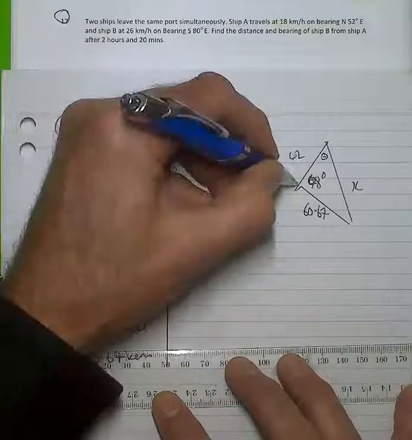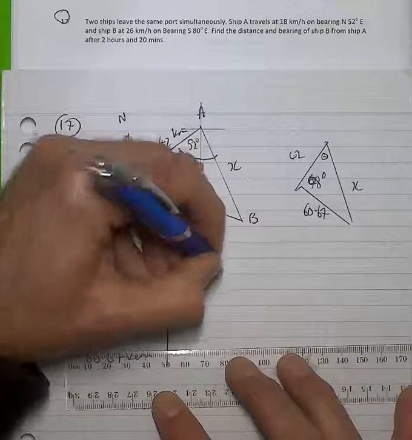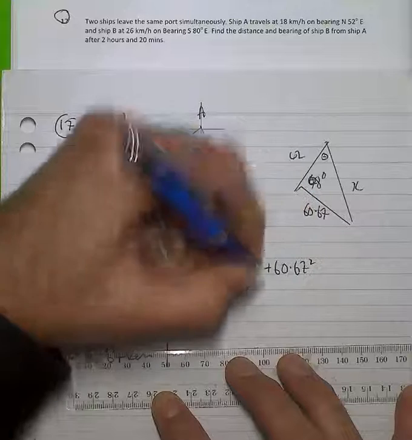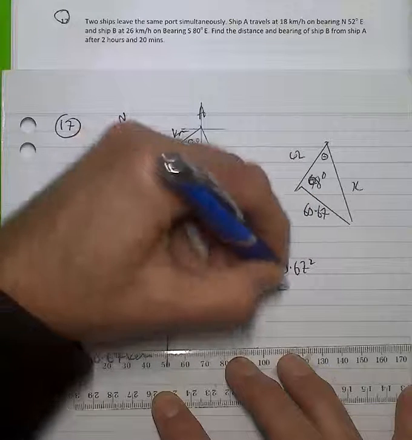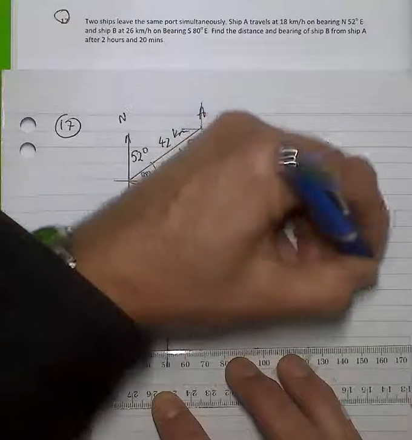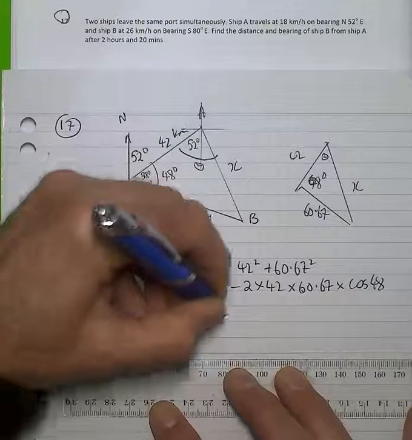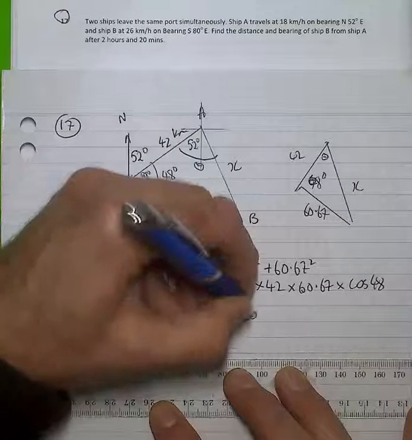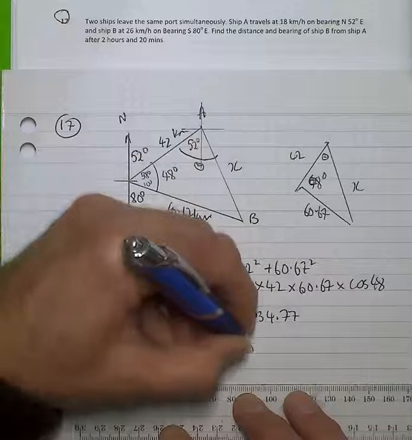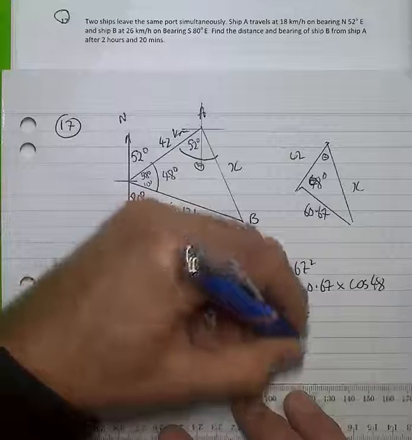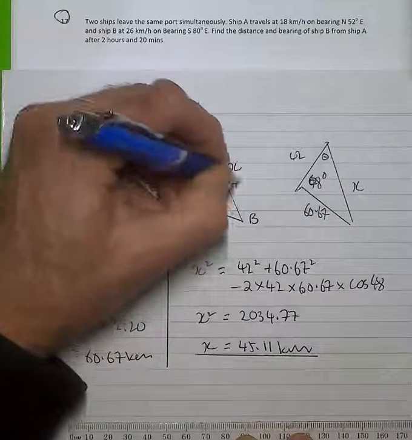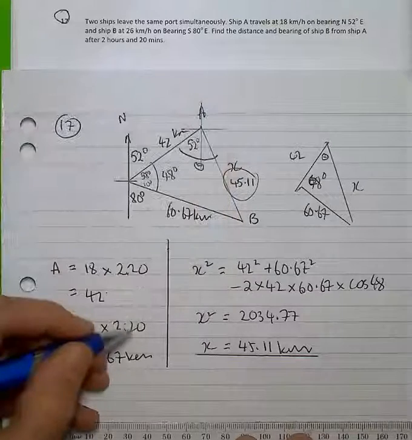Now, clearly, with the hinged book scenario, x squared equals 42 squared plus 60.67 squared minus 2 times 42 times 60.67 times cos of 48. Now I'll put that in the original diagram, the 45.11 kilometres.